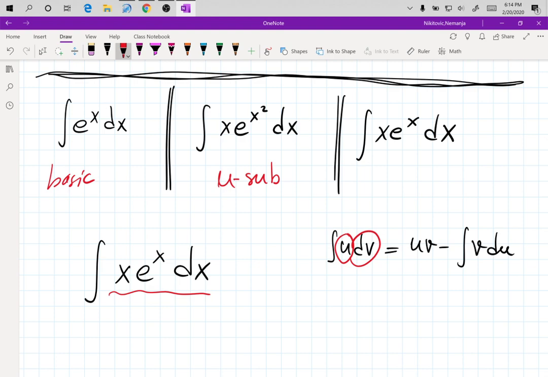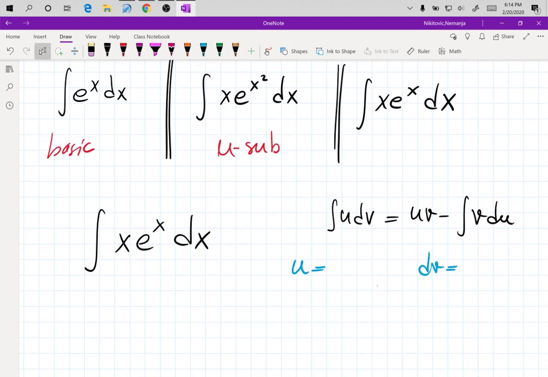So dx is always in here, but it could be dx with e, or it could be the whole thing, right? We don't know that yet. So the way to set this up is to say, I need u and I need dv. Those are the two parts that I need.